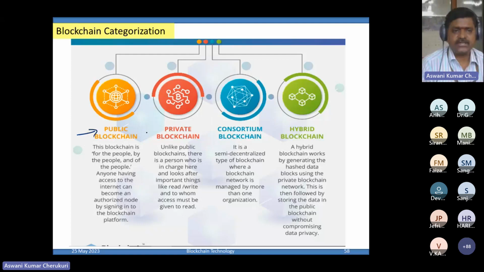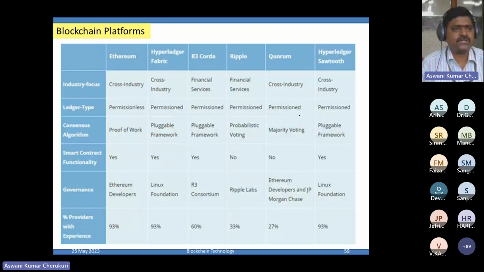A public blockchain you can think of as an internet kind of thing, a purely decentralized distributed environment. A private blockchain is meant for a particular company or organization. When multiple organizations are involved, you can think of it as a consortium blockchain. Private and consortium together, you can think of as a hybrid blockchain.